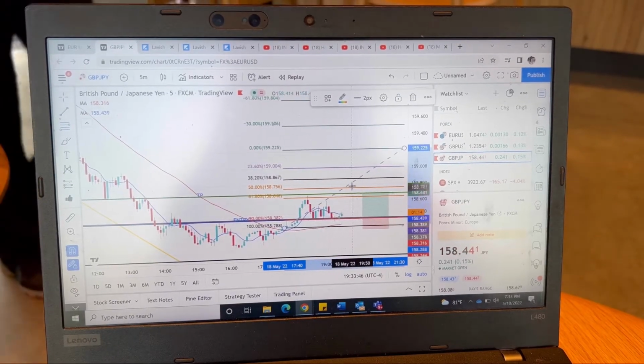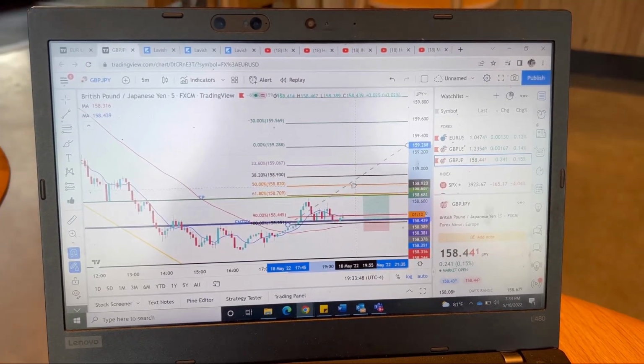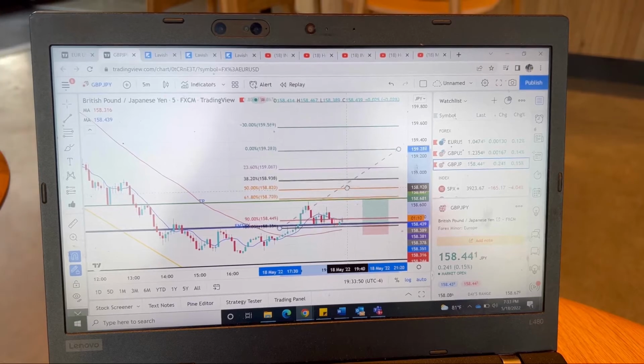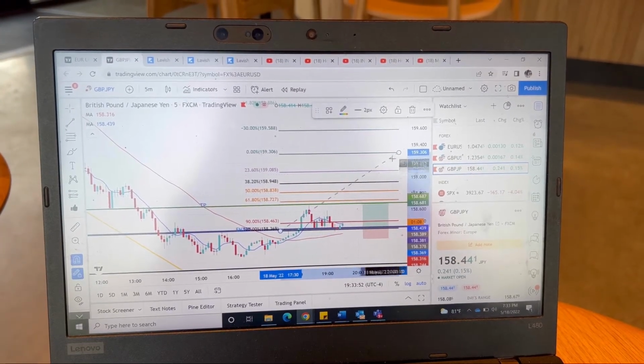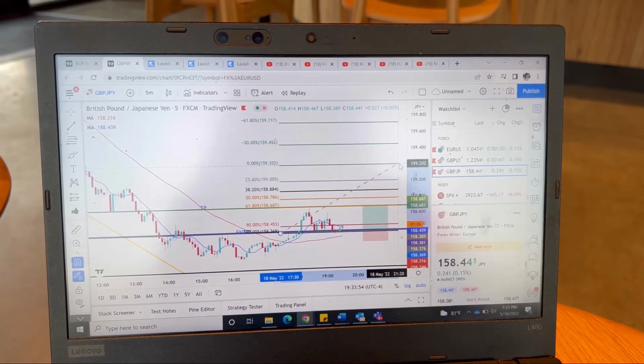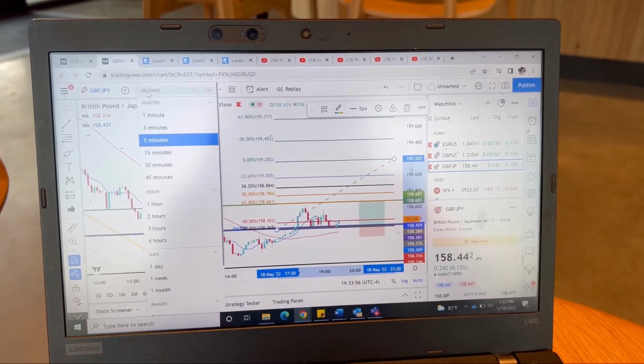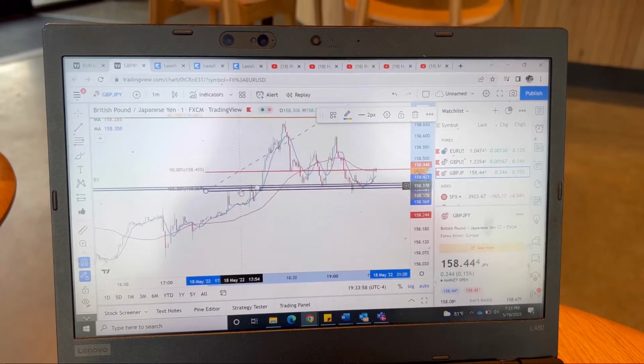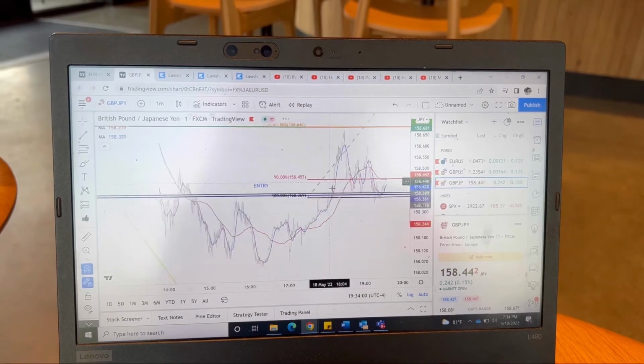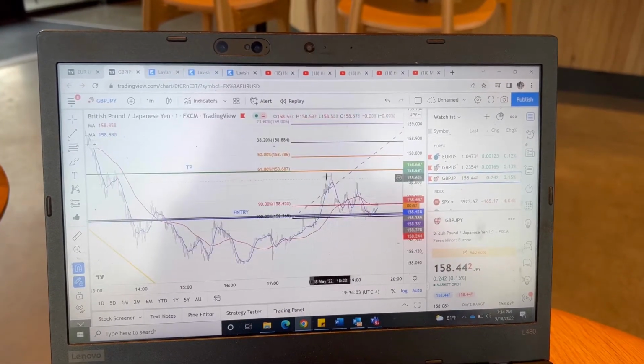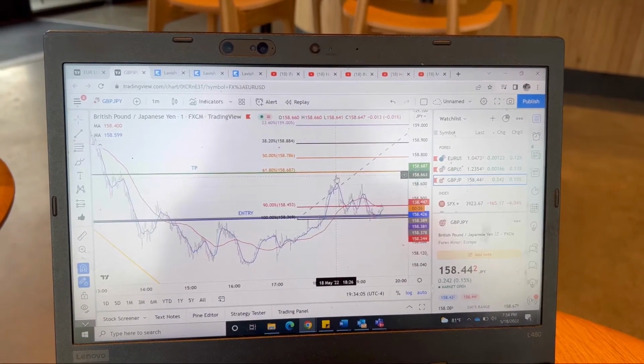Start from here. Let's make sure the dot is right there. All right, then we go to the 1 minute time frame, and we can see our gold zone. It's been rejected once.